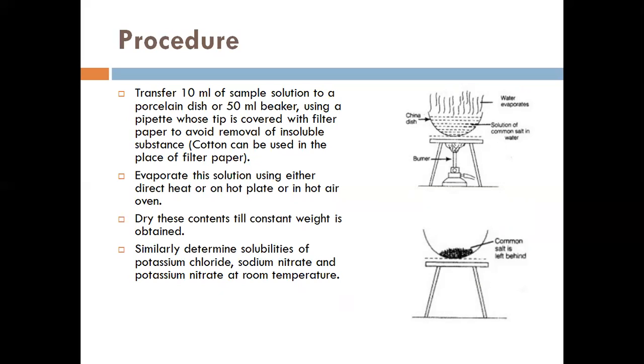Evaporate this solution using either direct heat, a hot plate, or a hot air oven. Dry these contents till constant weight is obtained. Similarly, determine solubilities of potassium chloride, sodium nitrate, and potassium nitrate at room temperature.